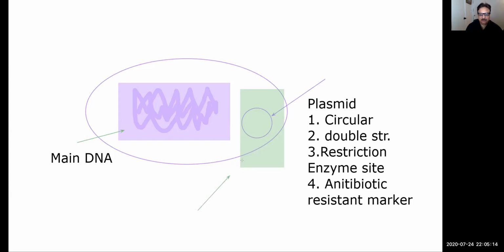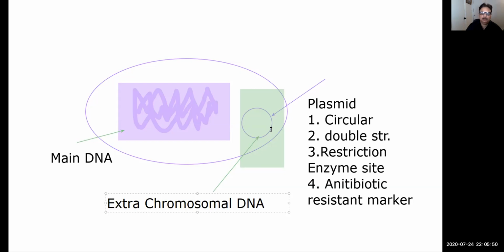The plasmid is called extrachromosomal DNA. If this extrachromosomal plasmid DNA is absent, bacteria will not die. I repeat, if the main DNA is lost, bacteria will die. If the extrachromosomal plasmid DNA is lost, bacteria will not die.